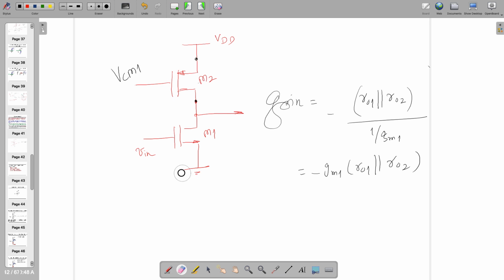But what if I connect a resistance here and make it source degeneration? Then looking from here, it becomes 1 by GM1 plus RS, not parallel, plus RS because it's in the same branch. So in that case, the gain becomes 1 by GM1 plus RS.